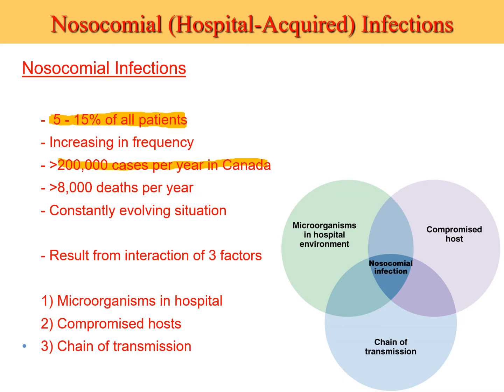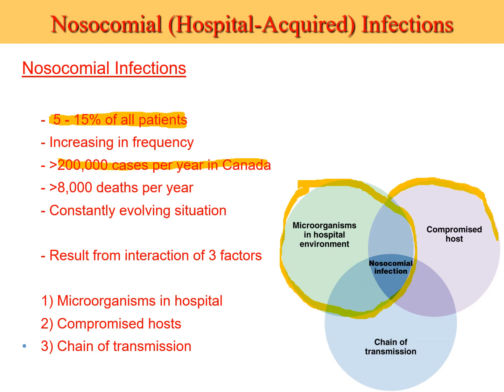Nosocomial infections occur as a result of three overlapping factors. One is the microorganisms that are present within the hospital environment. We've spoken several times about this. Another is the presence of a compromised host.